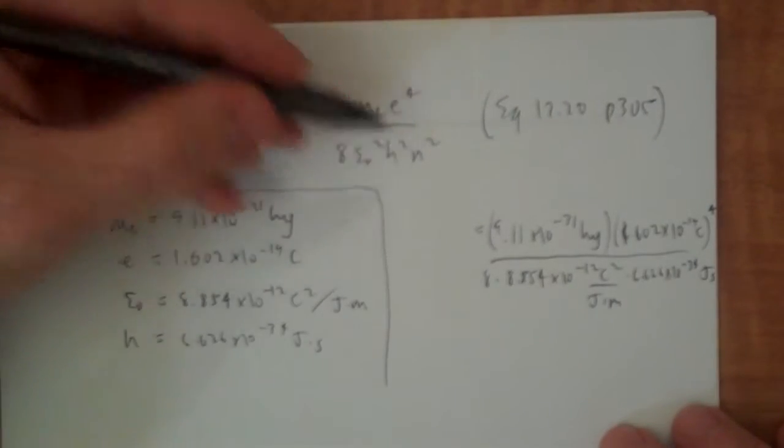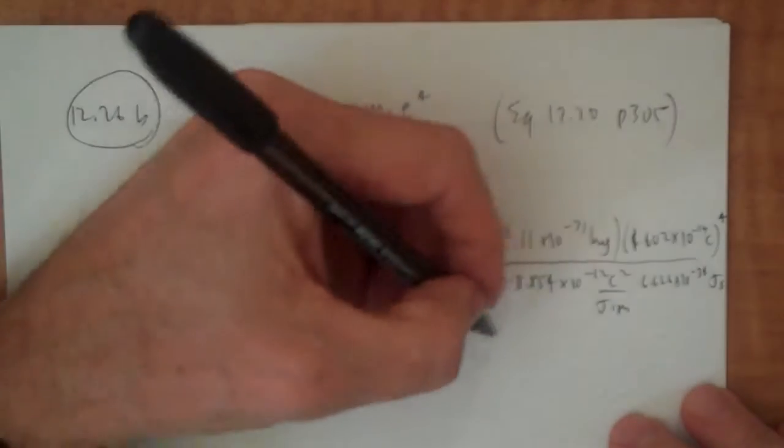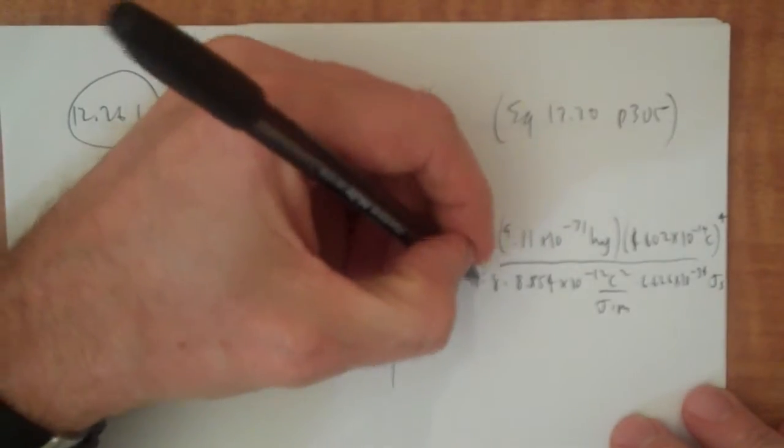And that's n squared. In this system, it's the ground state, so it's 1 squared, so that's equal to 1.